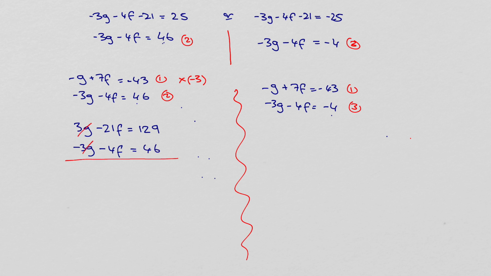So 3g minus 3g is 0. And we have minus 25f is equal to 175. And therefore f is equal to minus 7.